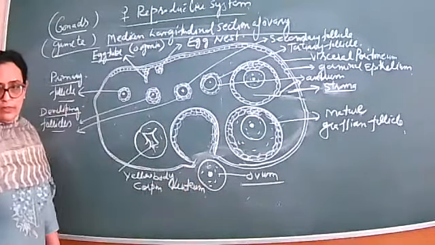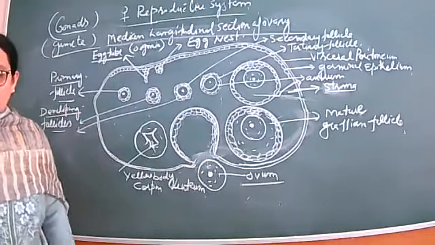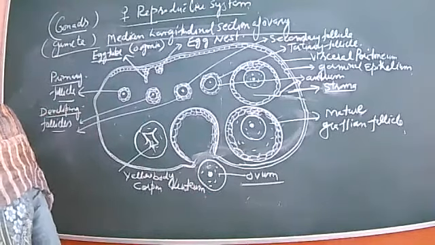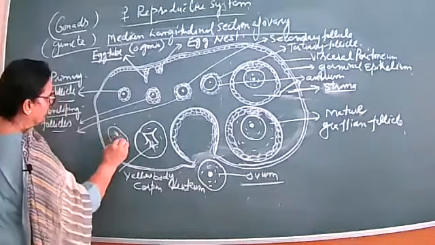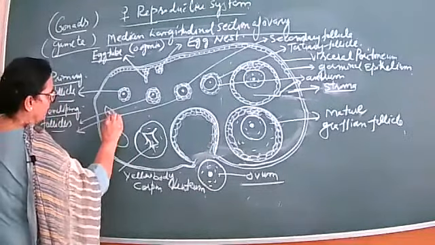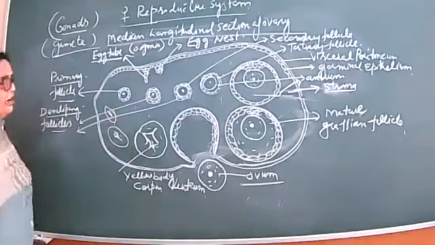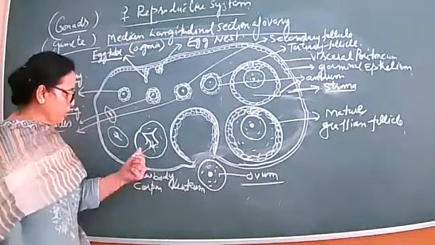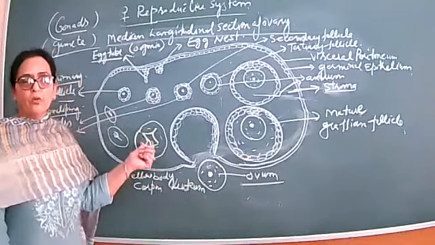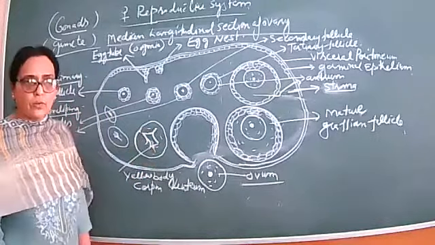Or yellow body. Okay, then ultimately this corpus luteum or yellow body will become still small in size, and will altogether be regressed. And what's the main function of this corpus luteum? It secretes the hormone progesterone. You know that, okay?